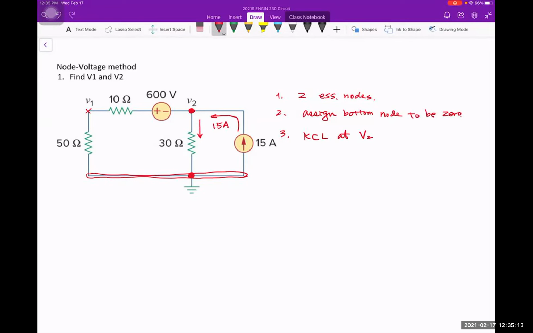By assuming V2 is positive, then this will be the current. So let's just say this current is I sub 1. Now, I also have another current that might go to the left, right? So let's say I have another current going in this direction. Let's just say this is I sub 2.